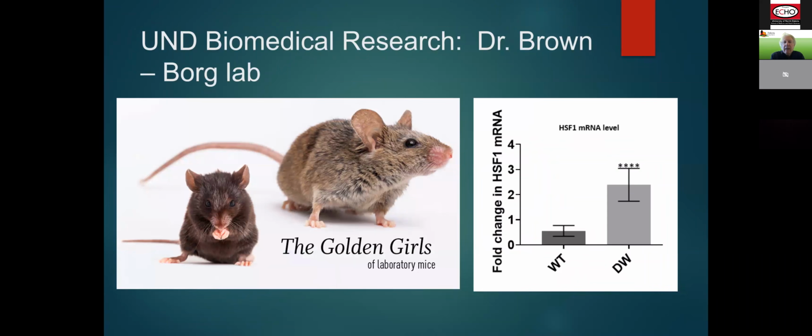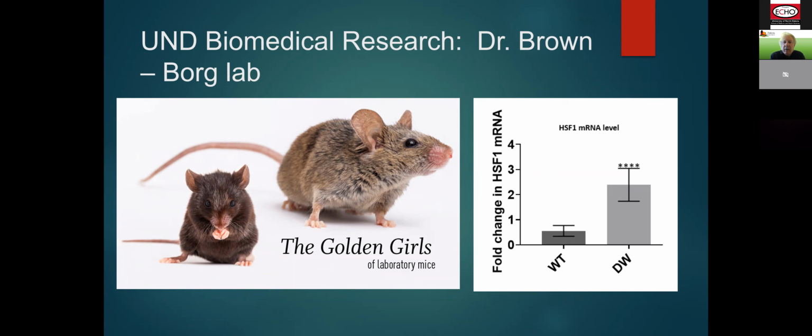And then finally, Dr. Brown-Borg. So we collaborate with Dr. Brown-Borg, and she studies a type of mouse that's very, very long-lived. And I just wanted to show you that the stress response in these long-lived mice is much higher than what we call the wild type, or the normal, usual mouse.